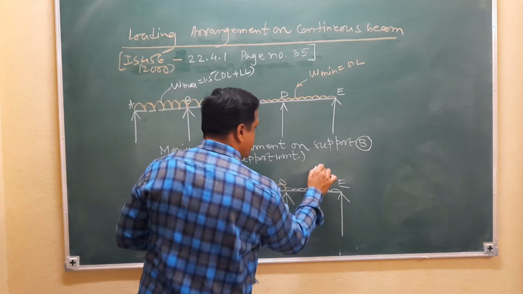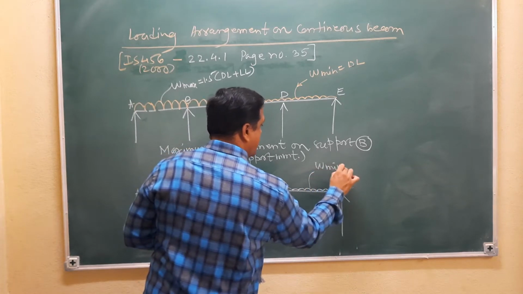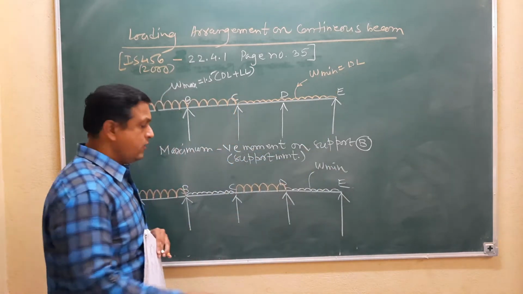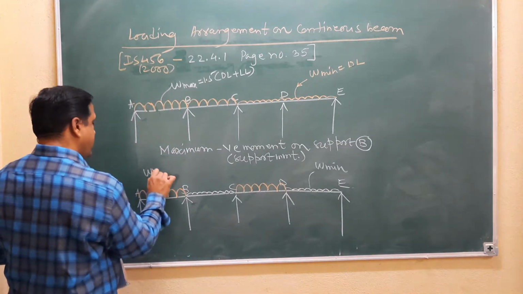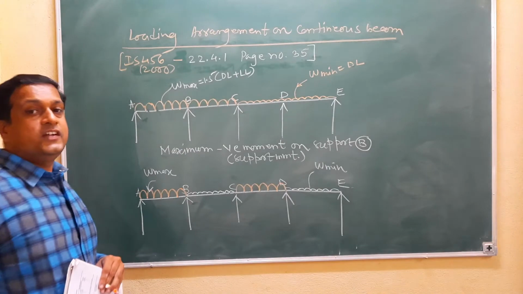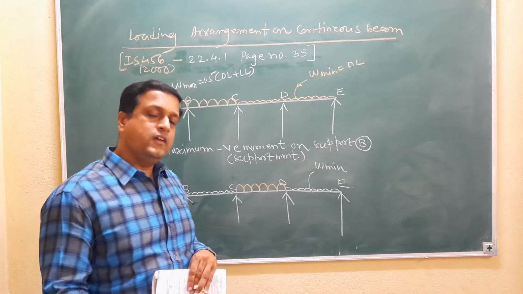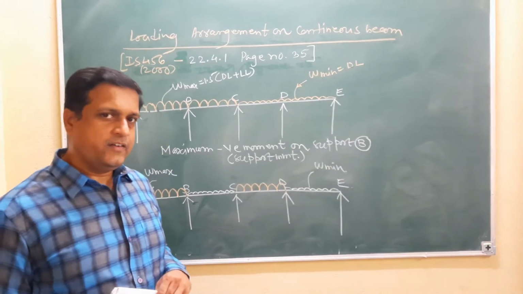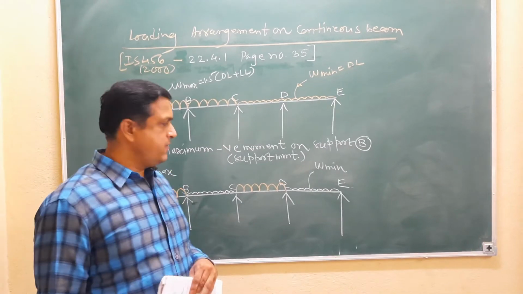So this is W minimum, only dead load. This is W maximum, the combination of dead load and live load, multiplied by the partial safety factor.